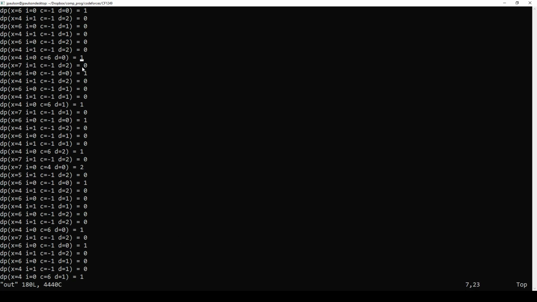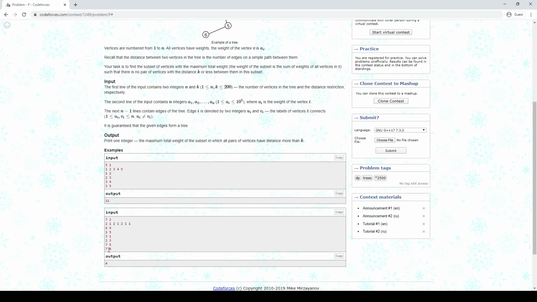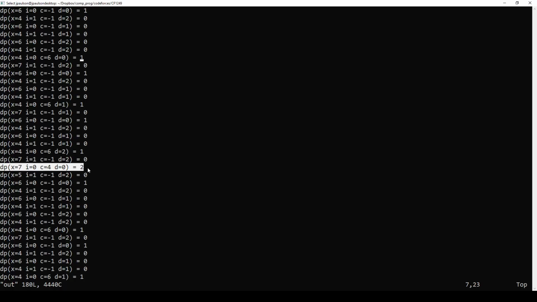Right, so 4, looking at its child of 6, still 1, fine. Okay, 7, looking at a child of 4, so that's just 7, 4, 6. That's 2, because you could just pick the 7, fine.